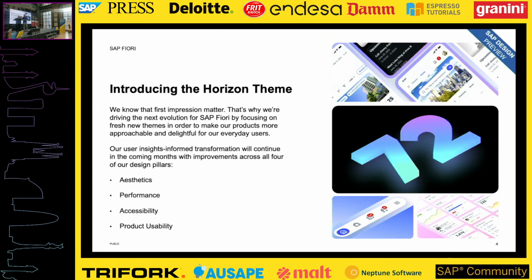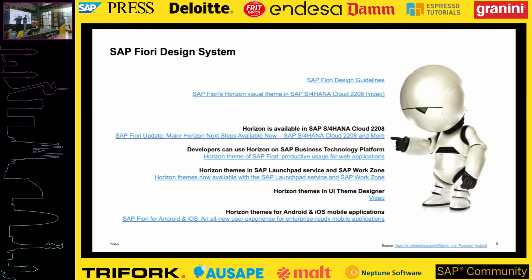And using UI technologies like SAP UI5, for example, we can bring this new theme easily into all the applications because we have a centralized generic technology which is used by many applications, so the theme is available. And if you like to know more details, I have a couple of links here to follow up with.